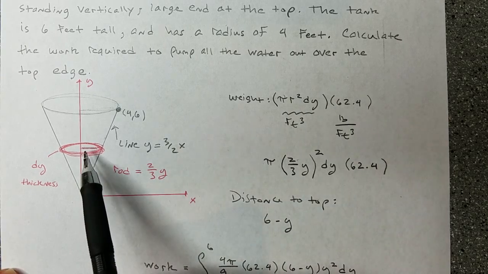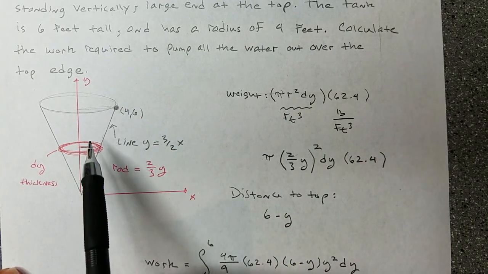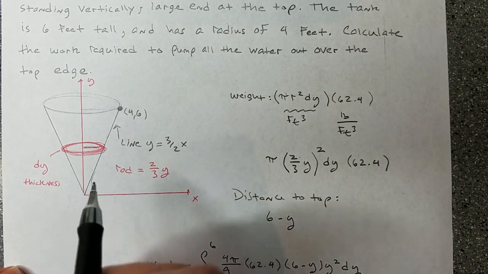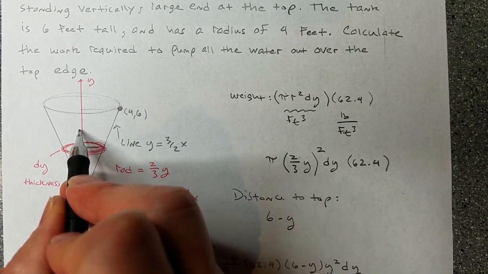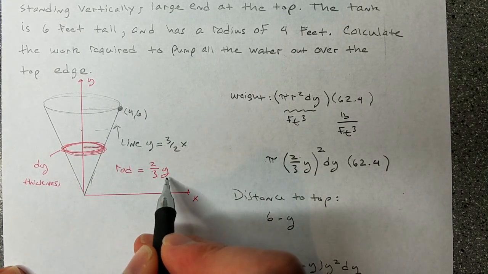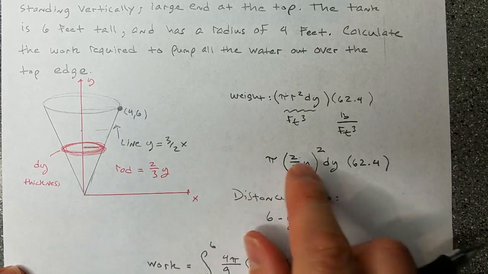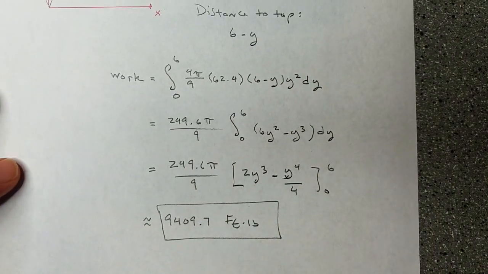But in this case, the radius is the tricky part. Do you see why the radius in general would be 2/3 y? Tell me the y-coordinate of where the slice is. This will tell you the radius at that spot. That's why I put it here. Anyway, that's what we get when we're all done.